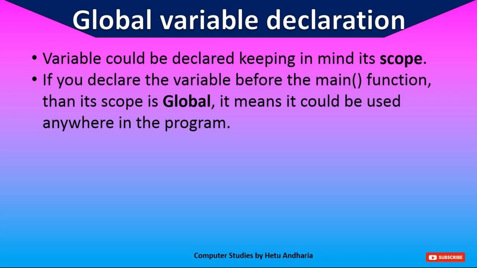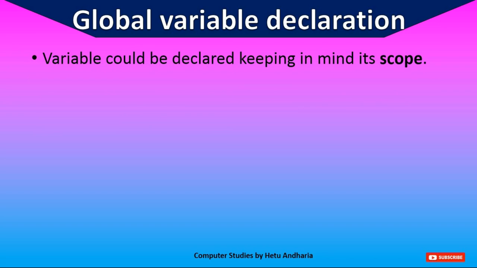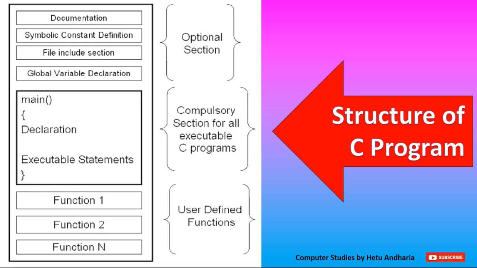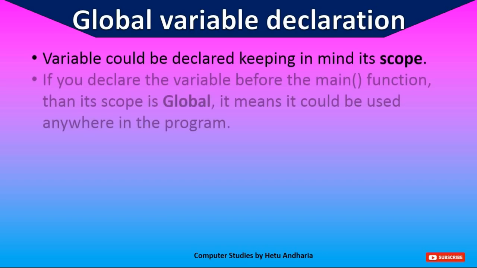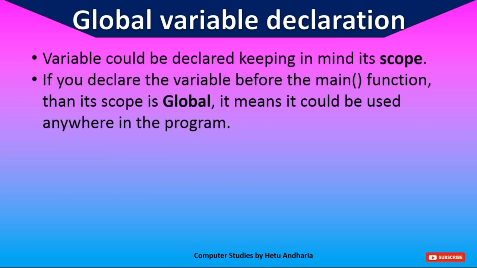If you declare the variable before main function, that is here, where it is given before main, then that is a global variable. It means it could be used anywhere in the program.